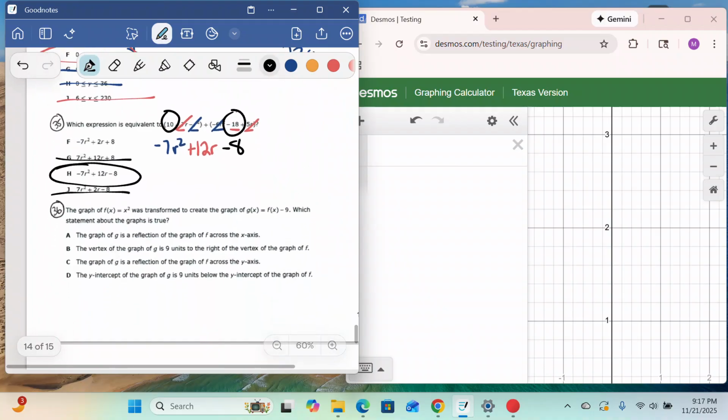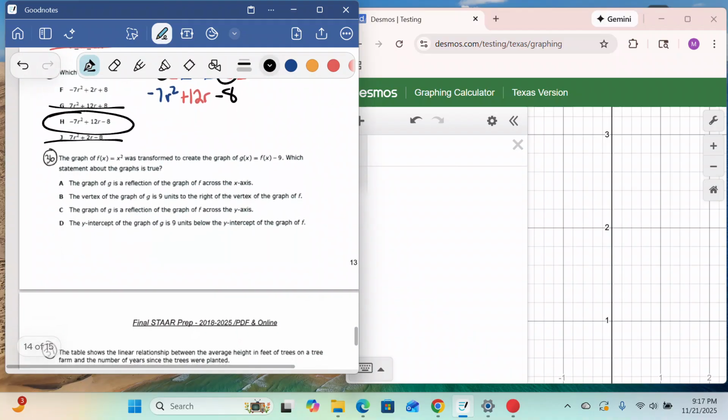If we look at problem number 36, what they're saying is the graph of f of x is equal to x squared. What does transformed mean? That it's going to be moved. So it's going to be transformed to create the graph g of x. So what are they doing to x? They're getting the function x squared and subtracting 9.